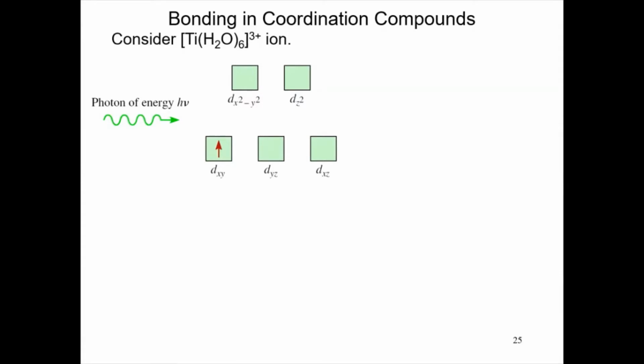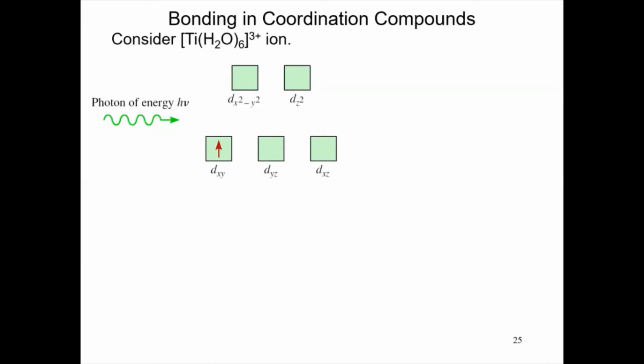Okay, so now let's say that we have our titanium 3 ion in a complex with water. And what the water ligand does, it splits the 2 levels here. You have a crystal field splitting effect happening here. Now let's say that light shines on this complex. Light comes in the form of photons of certain energy given by the Planck equation, h times the frequency.